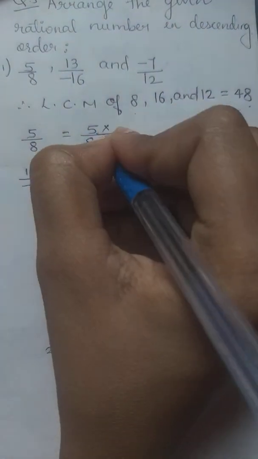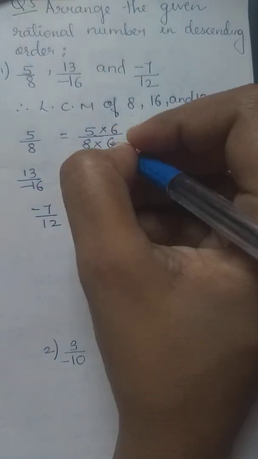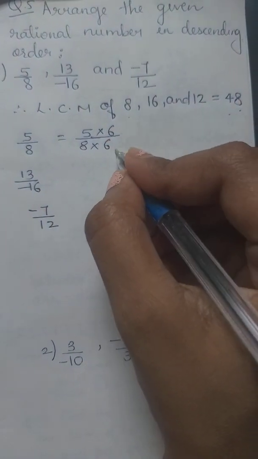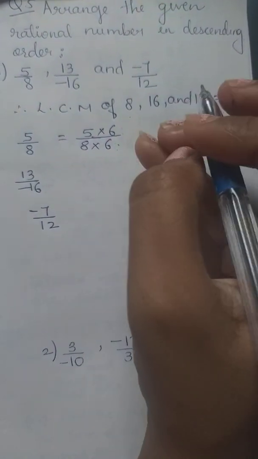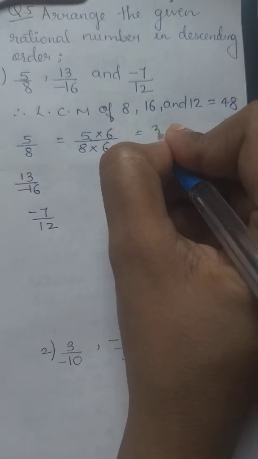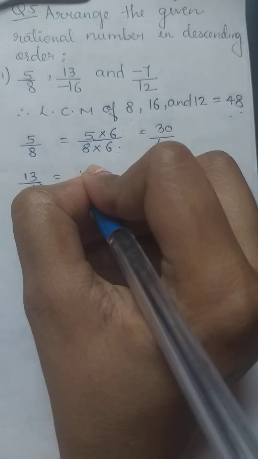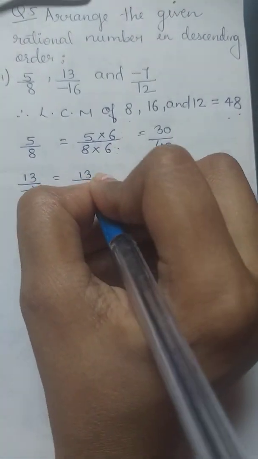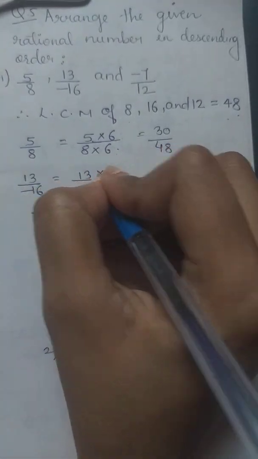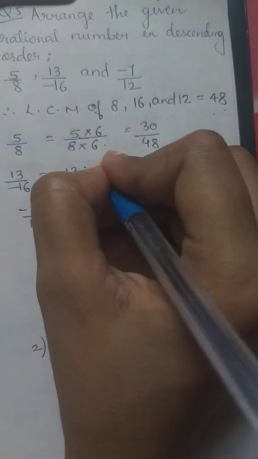Now what should I multiply by 8 to get 48? 8 6s are 48. Now 6 is multiplied in the denominator as well as in the numerator. Okay, 5 6s are 30 upon 48. Now what should I multiply by 16 to get 48? 16 3s are 48.